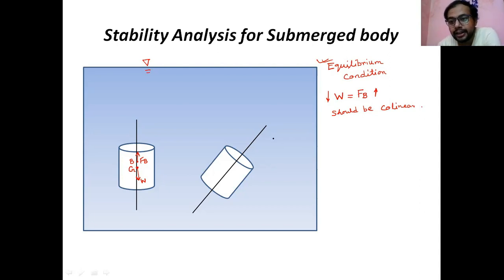Now we have to analyze the equilibrium. Three types of equilibrium are there: one is the stable equilibrium, one is the unstable, and another is the neutral equilibrium.